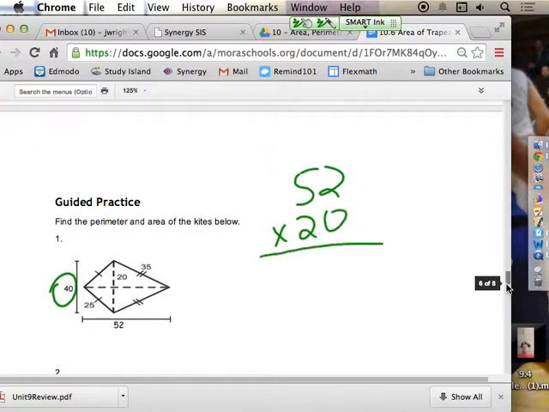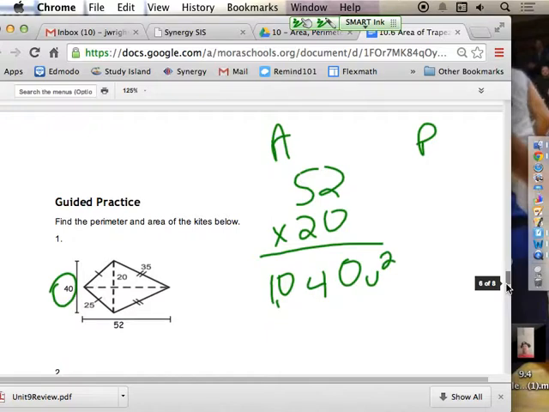I want you to work this one out and see if you can find the area and the perimeter. Okay, hopefully you multiplied these two together. You got 1,040 units squared.